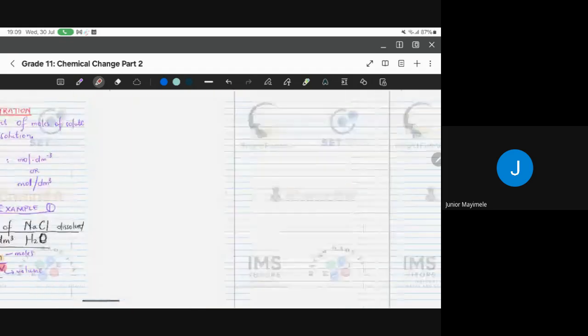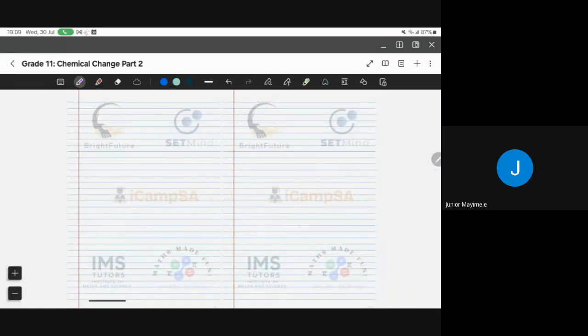Now, how would we do this? We would say C is equal to N over V, right? And we already know that our number of moles is 0.8 and our V is 0.23. Now, what is our answer?